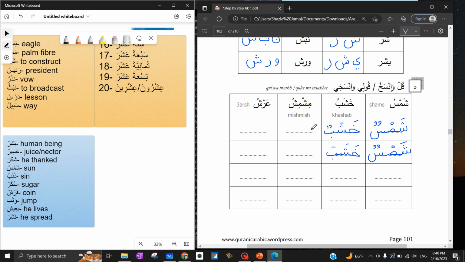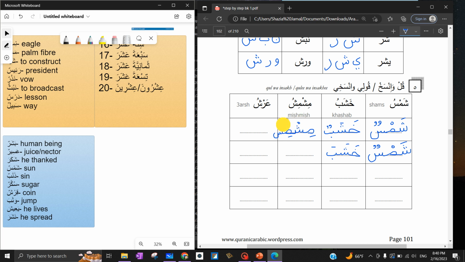Now, how are you going to write meme? As I told you, start from here. Meme, sheen, a tail. Then when you make the tail, make it a bit longer. Go back, go up and down, and then start making the W of sheen.